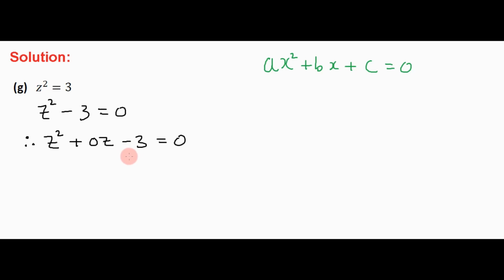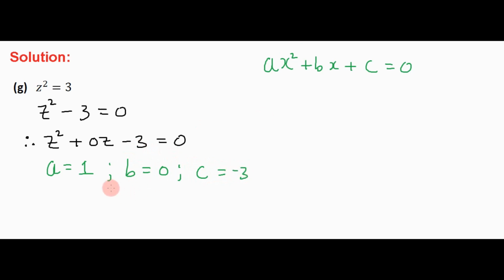So from this we can see that b, the z coefficient, is in fact 0. So let's write down the nature of the roots by first writing down the values of a, b, and c. So a is 1, the z squared coefficient. B we said was 0. And c is negative 3.